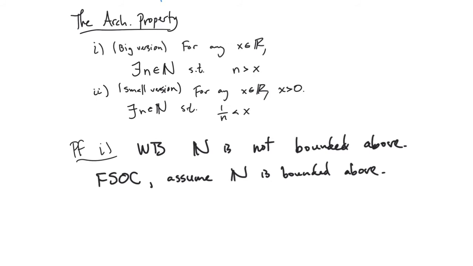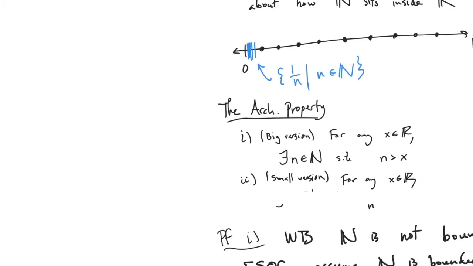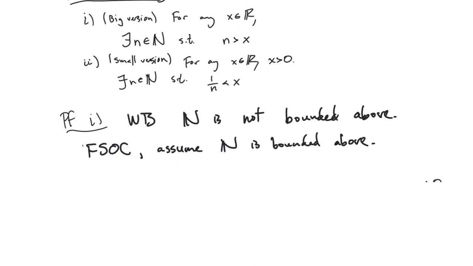Now, we just said assume that N is bounded above. So by the axiom of completeness, since N is bounded above, it means the sup of N exists and is a real number. Let's say S equals the sup of N exists.